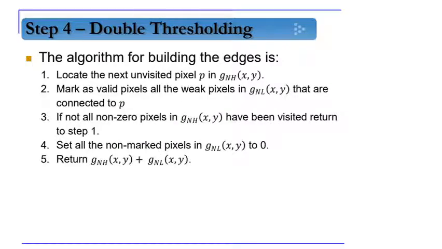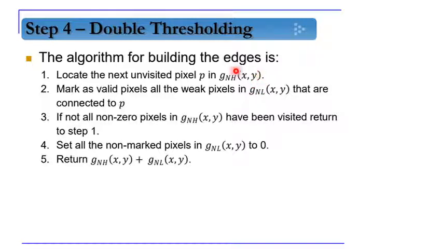So we are using this algorithm for it. For each edge pixel in gNH(x,y), as we have just discussed, gNH(x,y) represents strong or actual edge points. After thresholding I will get zeros and ones in gNH(x,y).